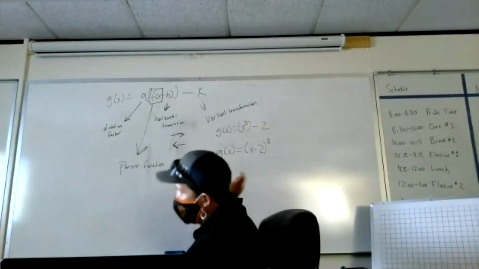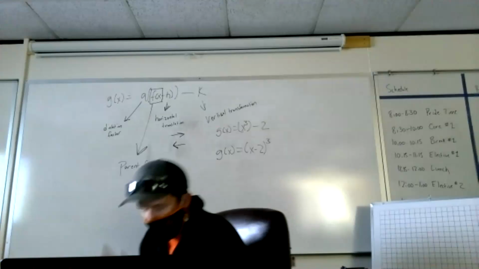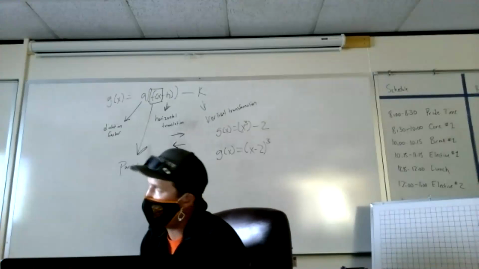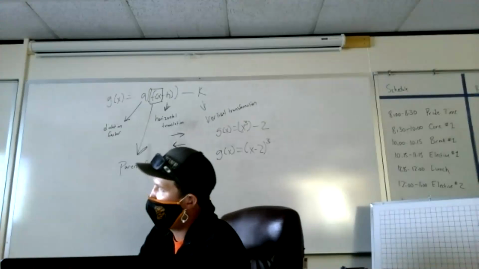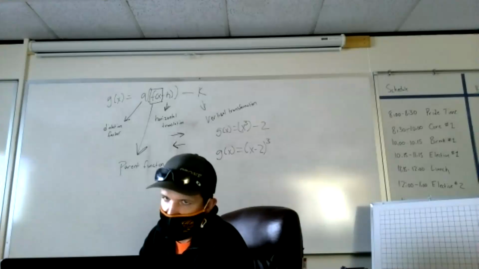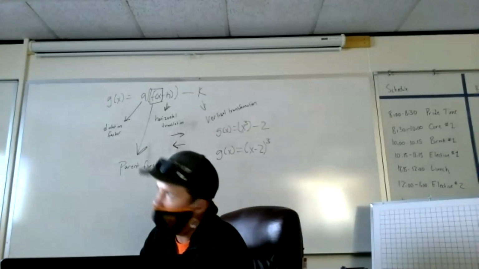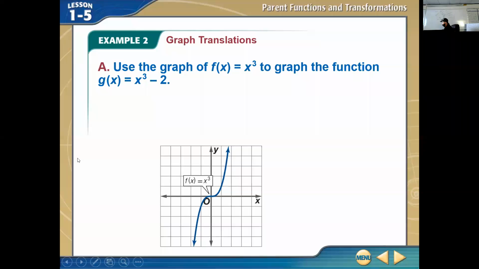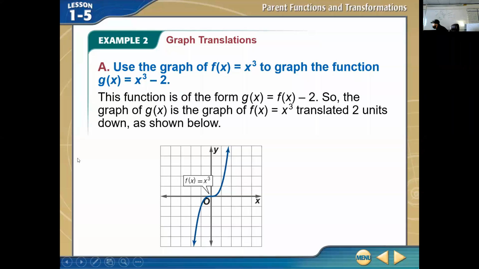Okay, once again, they will put parentheses if they're talking about a horizontal translation. But in this case, it's on the outside, so we know that it's a vertical translation. Okay, and that's what g of x looks like as it compares to f of x.